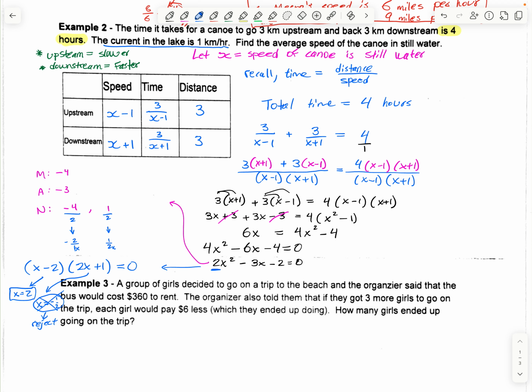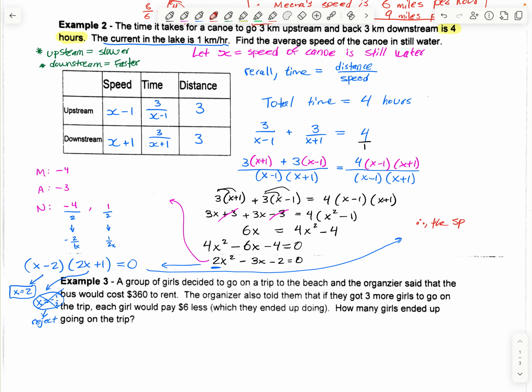I will just conclude this right over here by saying: the speed of the canoe in still water is 2 kilometers per hour. Our units were kilometers per hour, so that is going to be our speed. That's the value of x here.